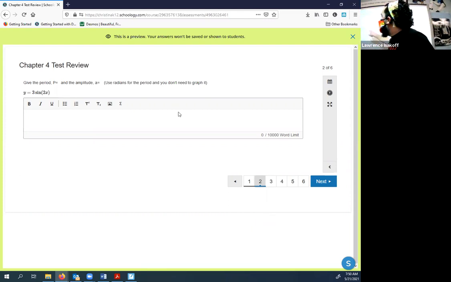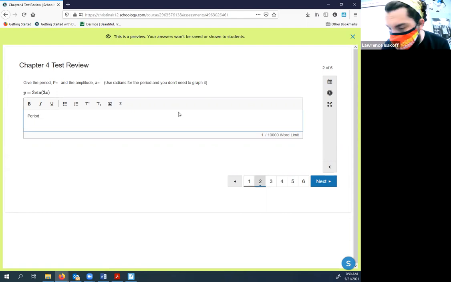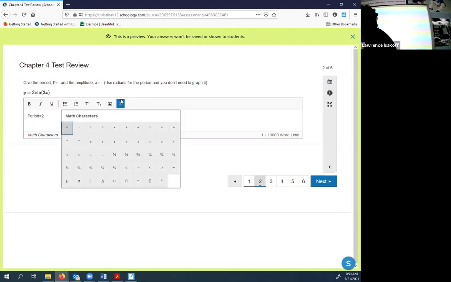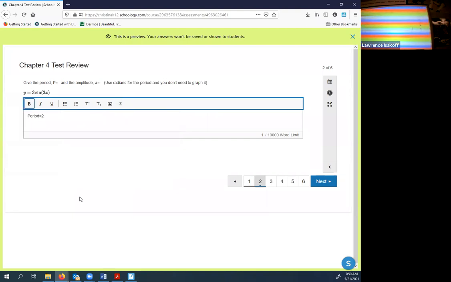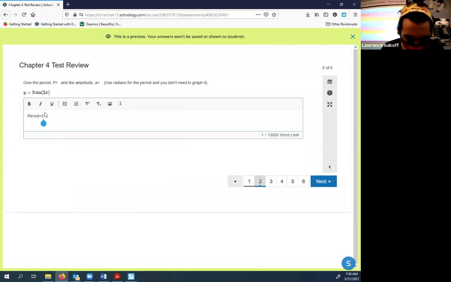So the period here, remember the period is equal to 2 pi divided by b. I don't have pi as a symbol in the math, so I'm just going to write it as 2 pi divided by b.